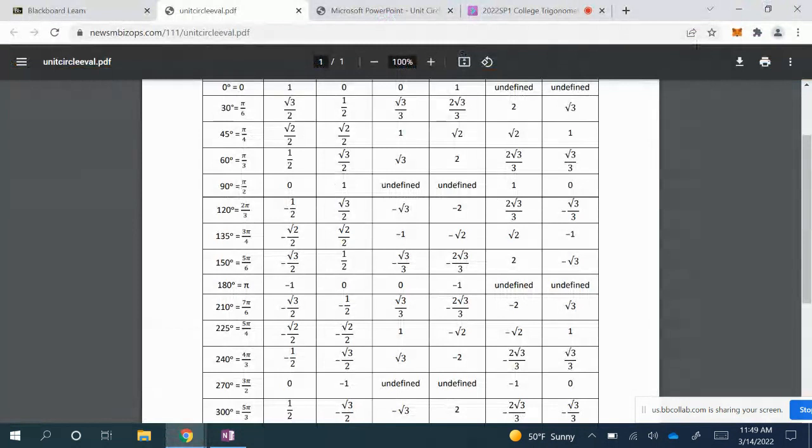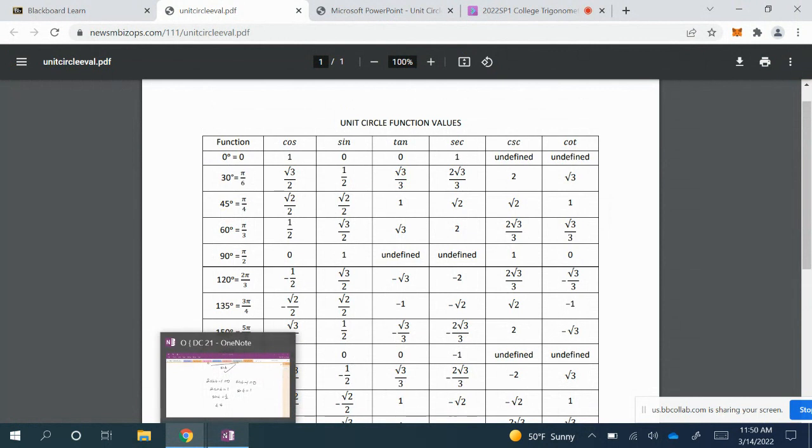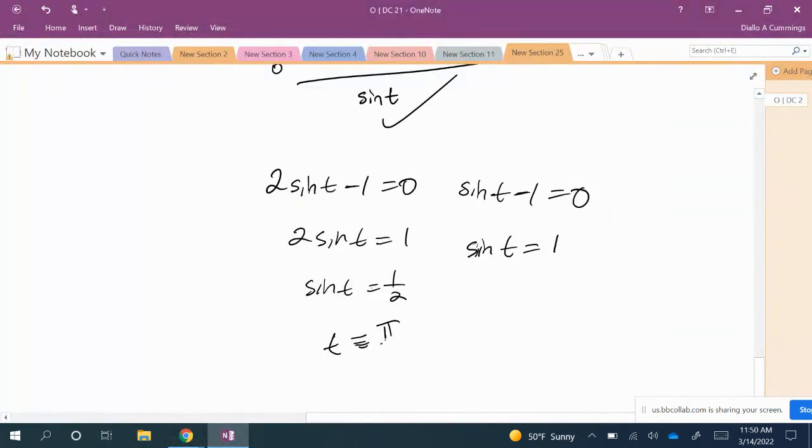If I bring back up the function values chart, remember that sine is the third column, so I want to look for all angles that have a sine of 1/2. It looks like pi over 6 and also 5 pi over 6. So that's pi over 6 and 5 pi over 6.